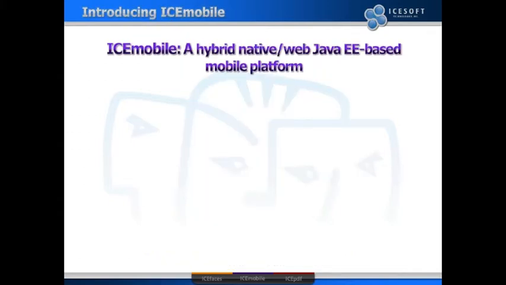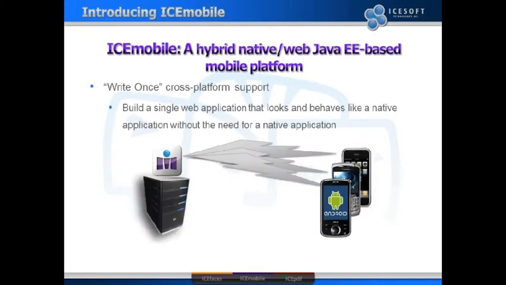So ICEmobile, we position as a hybrid native web Java EE-based mobile platform. The main goals that we're trying to achieve with ICEmobile are cross-platform, of course, write one app for multiple device platforms, provide a native experience for the user, and provide a web development and deployment experience for the developer.